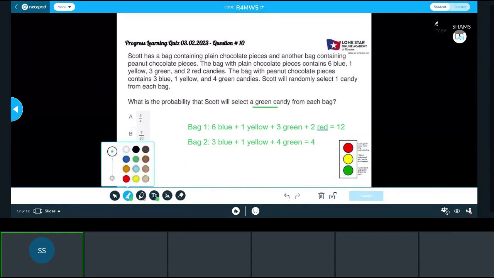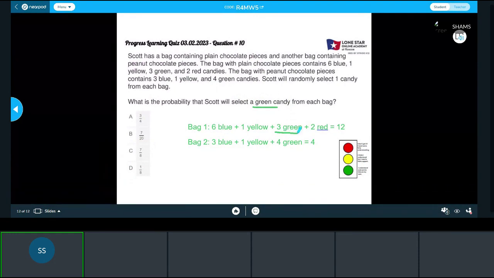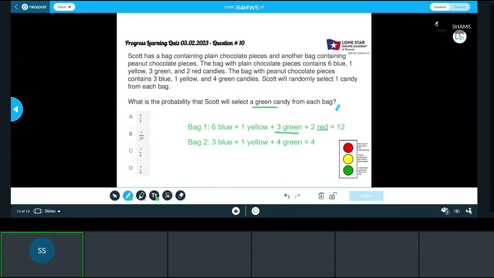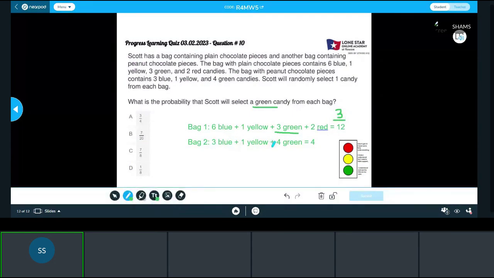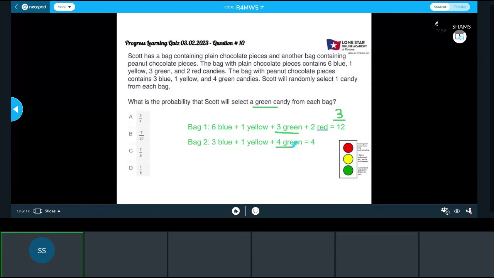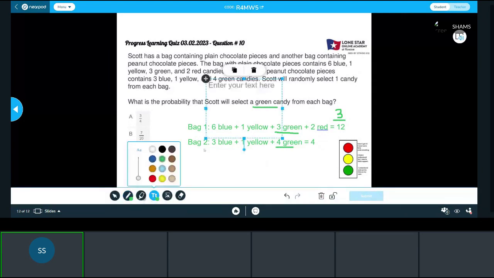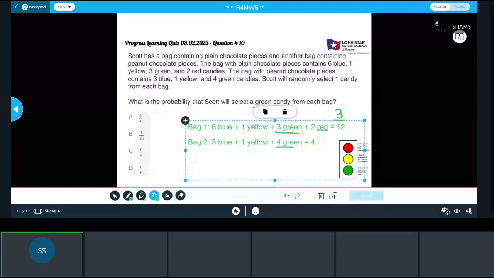So in this question, Scott will select a green candy, right? Choosing a green candy is 3 out of 12, right? 3 green out of 12. So choosing a green over here, I just did some calculation errors here. So this is 8.